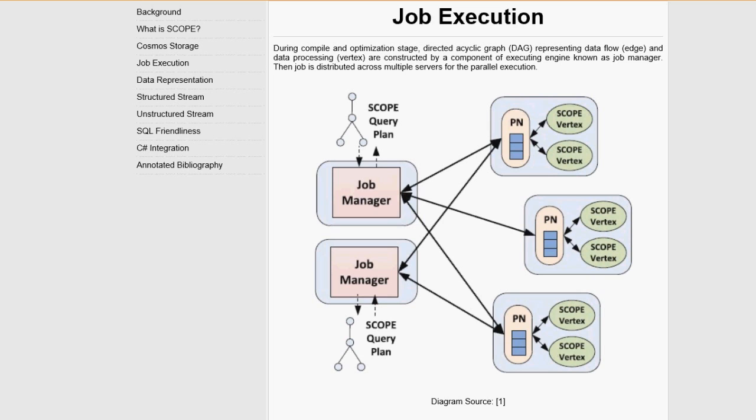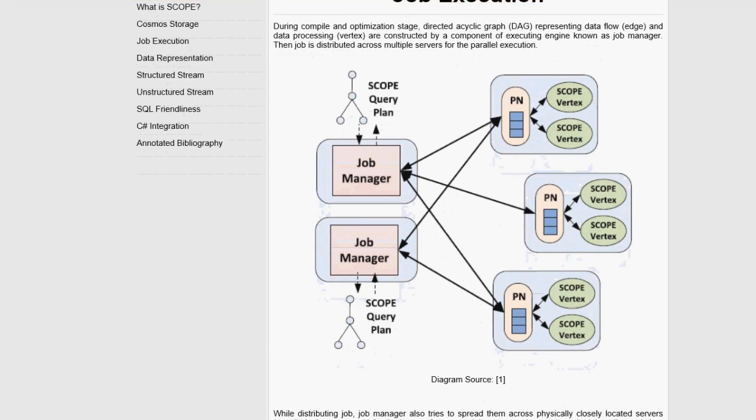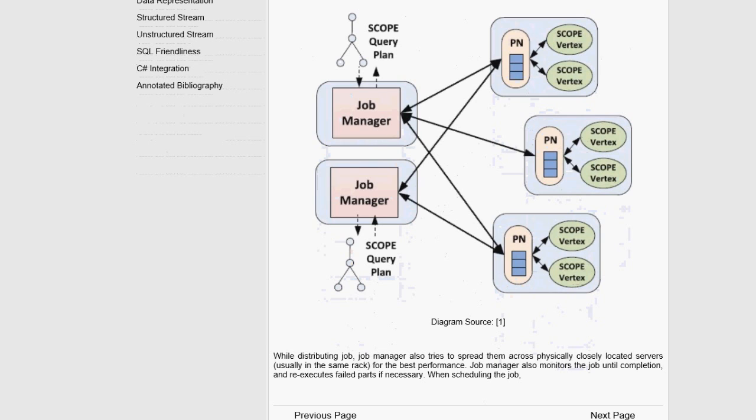The DAG representation is created by a component of the execution engine known as the job manager. Then the job is distributed across multiple servers for parallel execution. While distributing, the job manager also tries to spread tasks across physically closely located servers, usually in the same rack if available, for the best performance. The job manager also monitors the job until completion and re-executes failed jobs if necessary.